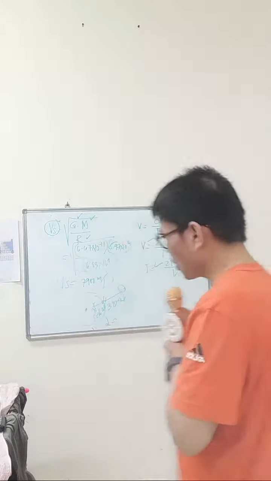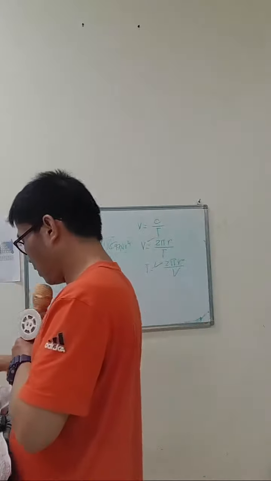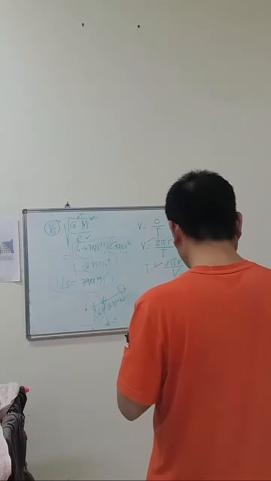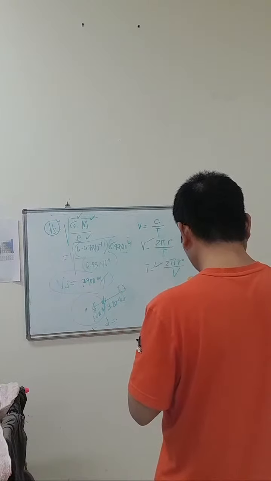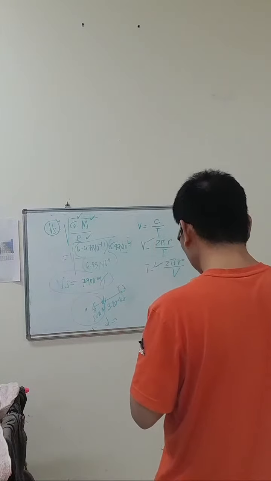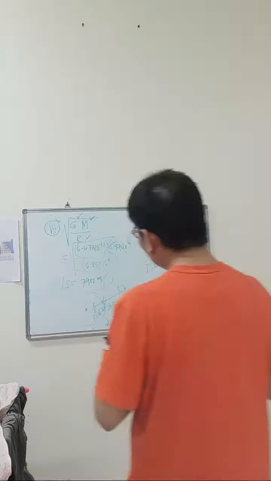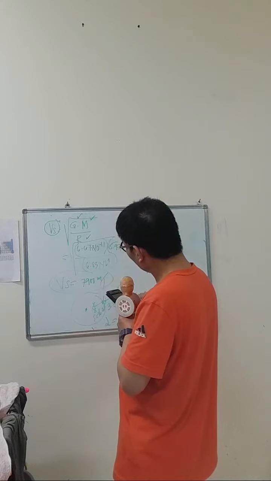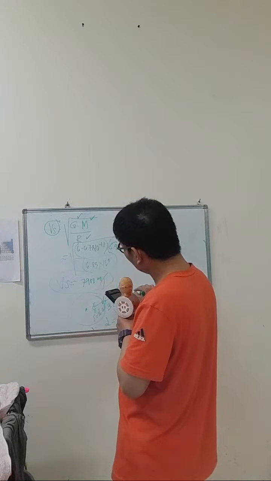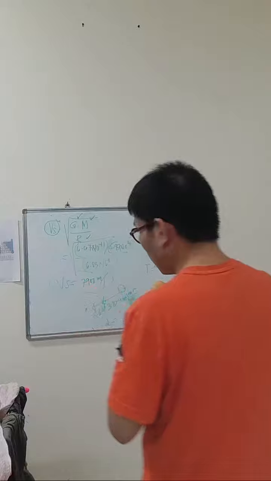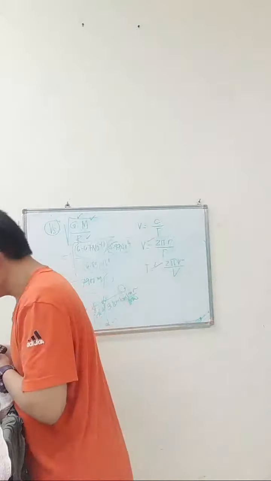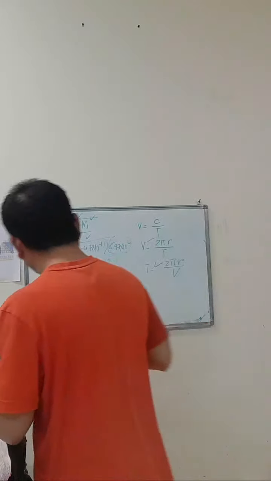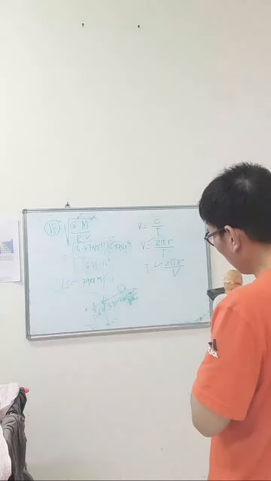So 6.38 times 10 to the 6, plus 3,800 kilometers. Because that is in kilometers, you still need to convert that to meters. 1 kilometer is equal to 1,000 meters. To be sure, use the calculator.